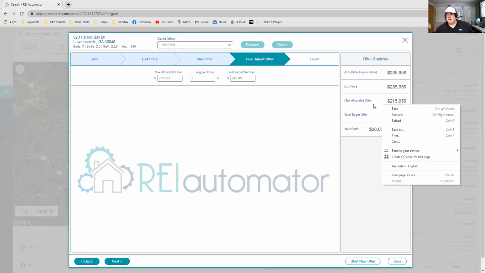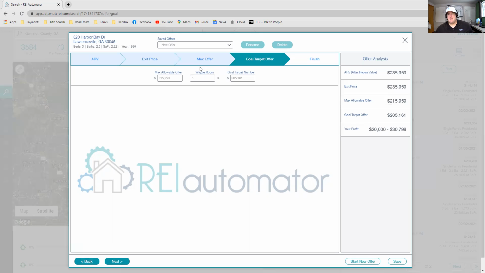So now you're between your max possible offer, which is 215, what you need to get it at if you're going to make at least $20,000 profit, and the goal, which is 205. The goal keeps you from offering too low, and your max possible offer makes sure you have a built-in profit.